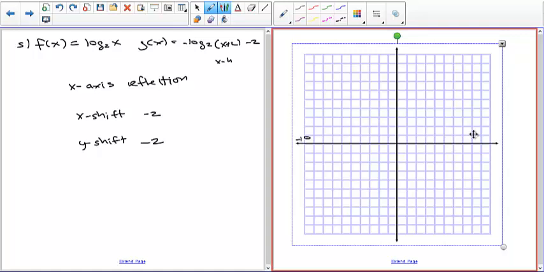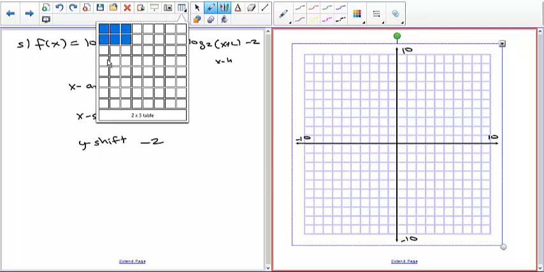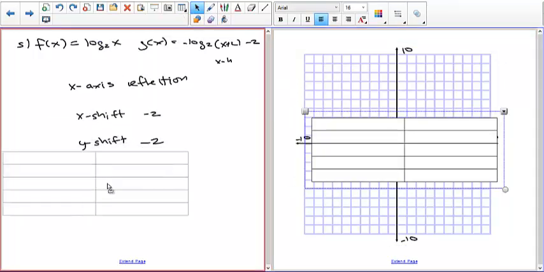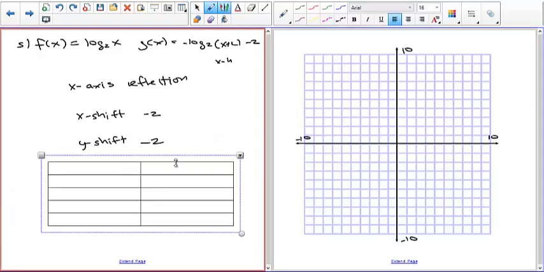So, you probably need to generate a table here with our 4 points. And because it's a logarithm, we're going to put -1, 0, 1, and 2 here. And we could do 3 because of the base of the logarithm.